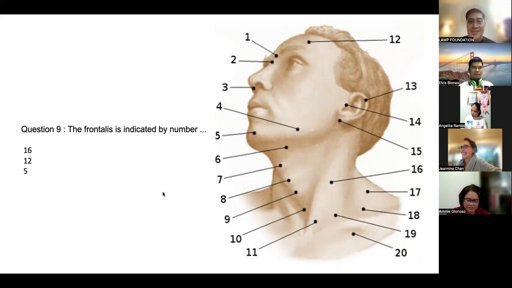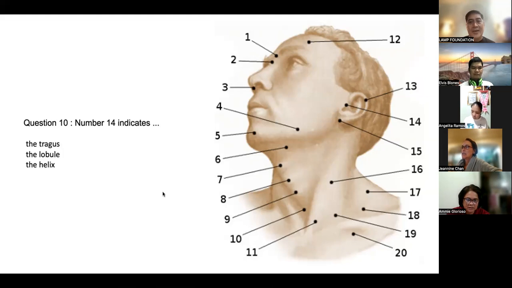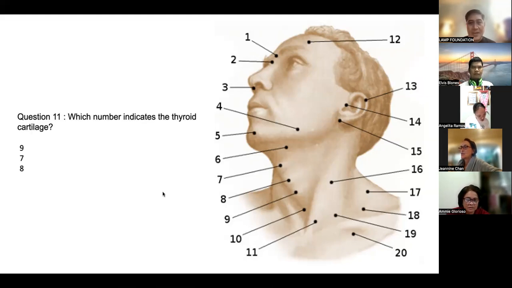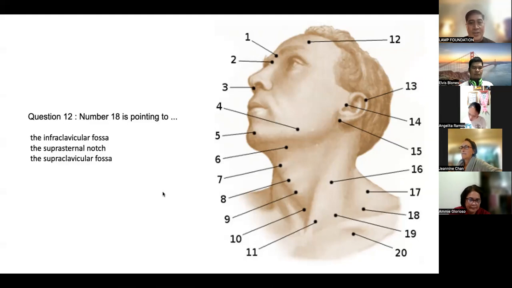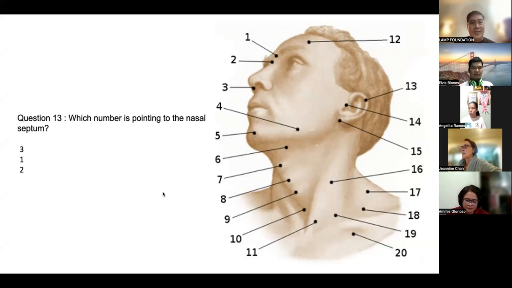The frontalis is indicated by number 12. Okay, great. Number 14, tragus. Which number indicates a thyroid cartilage? Number 8. Number 18 is pointing to what? Supraclavicular fossa.